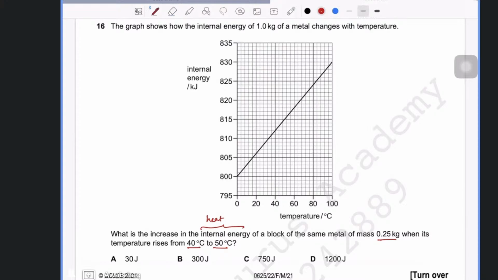At 40 degrees, it is right here, and this should be like 812, and till how much we gonna go? 50. It's somewhat like this. And how much is it? 824, right? Do you guys understand this?